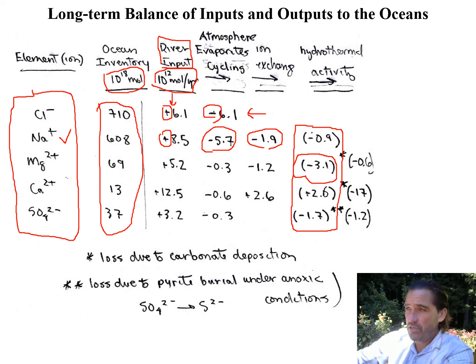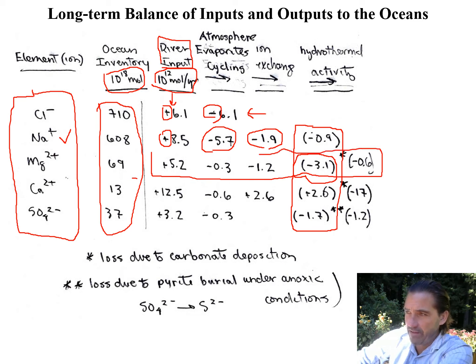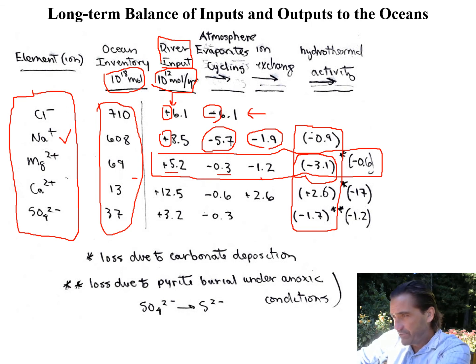When the seawater goes into these vents, the magnesium actually precipitates out, gets removed, and it helps balance the cycle. So again, if you look at any of these rows here, what we see is that we get a mass balance where what comes in must go out, and it does so such that the net is zero.